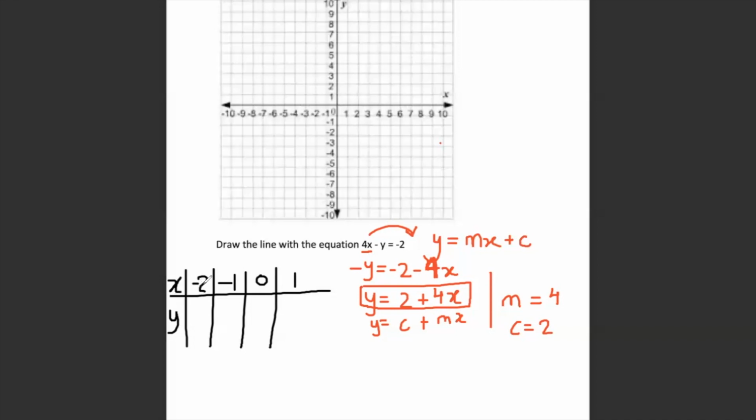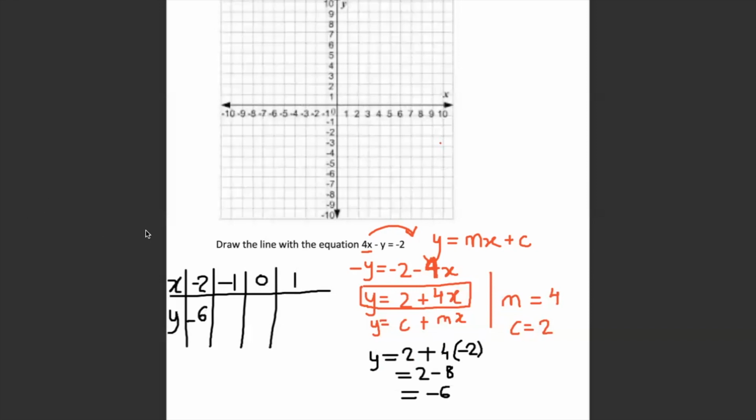So if x is minus 2, this equation becomes y equals 2 plus 4 times minus 2. So that's 2 minus 8. So 4 times minus 2 is a minus 8. That's why 2 minus 8. And then this is minus 6. So the first value of y for x equals minus 2 is minus 6.